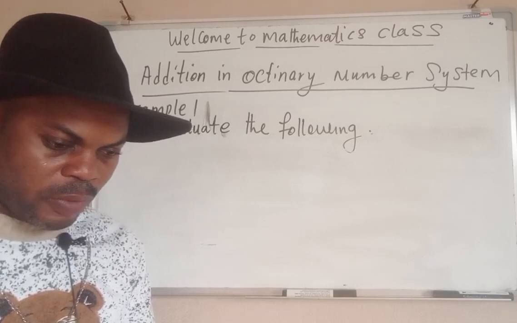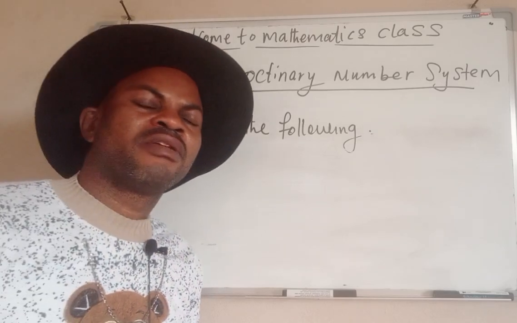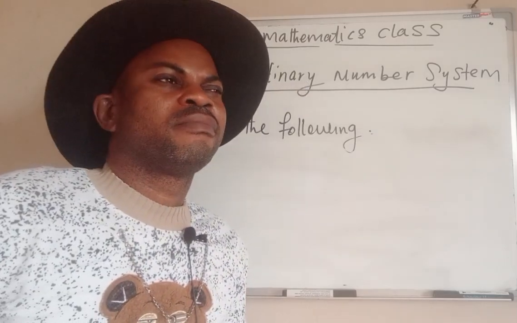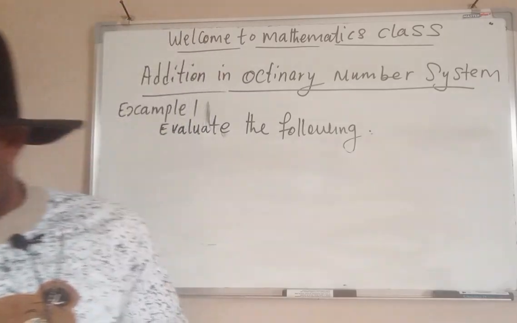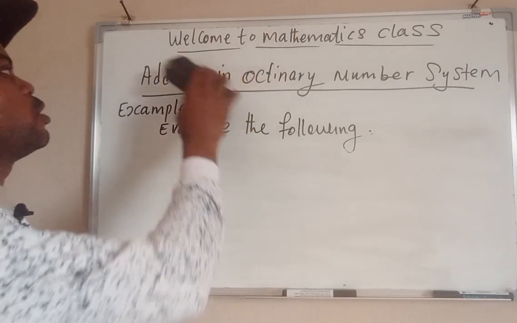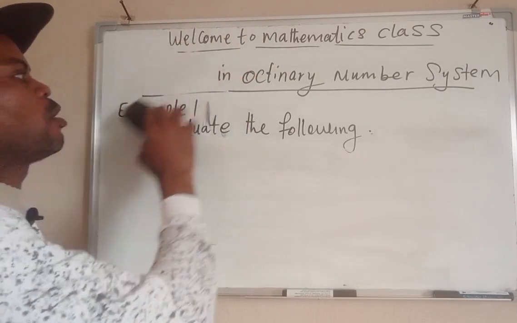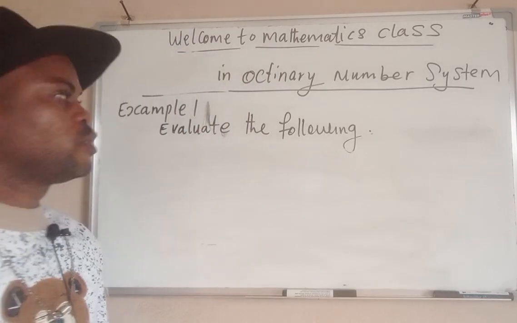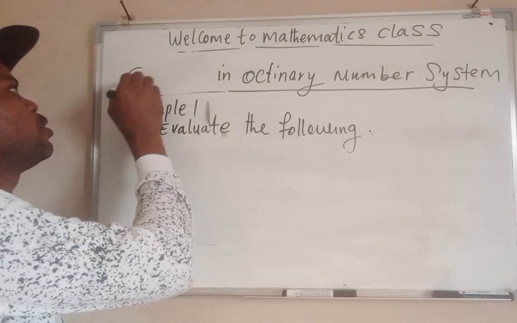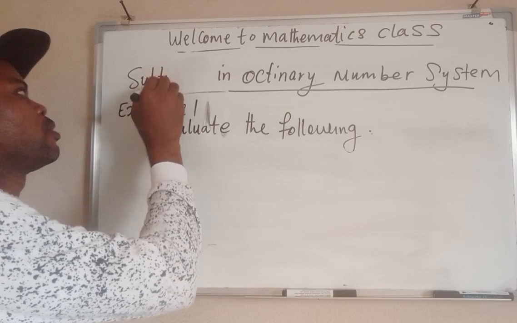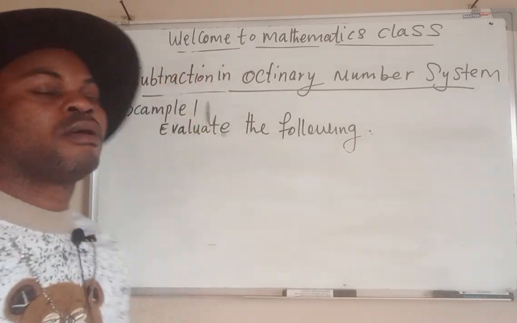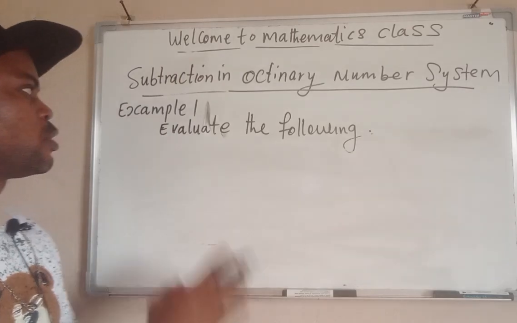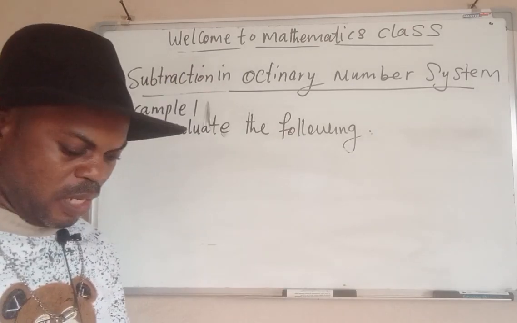Instead of taking another example on addition in octinary number system, let's quickly do subtraction in octinary, because the same principle is going to be applicable. Taking another example, all we do is to say evaluate the following.